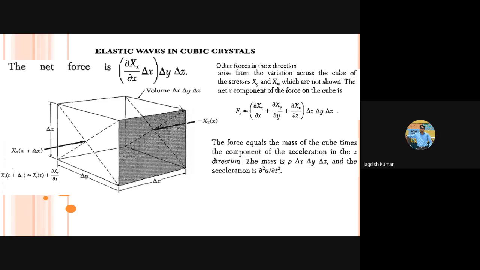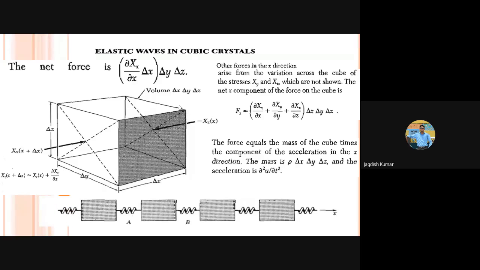Now, how is this information used to study the propagation of elastic waves in the crystal? We assume the crystal to be made up of such tiny volumes. Let us assume the whole bulk material is made up of such tiny volumes. Each volume is connected by certain springs.